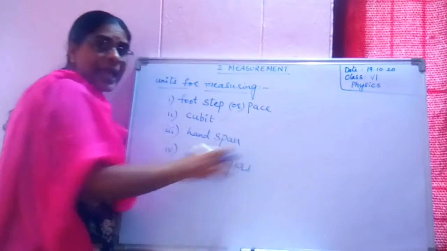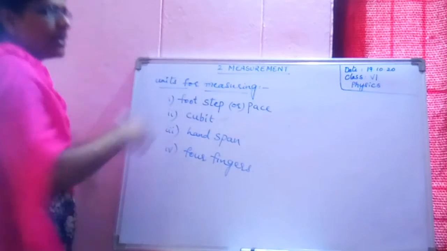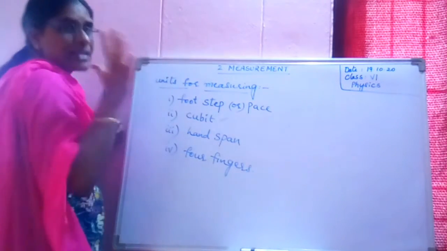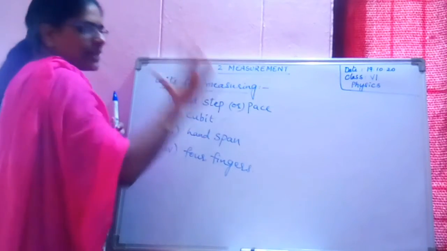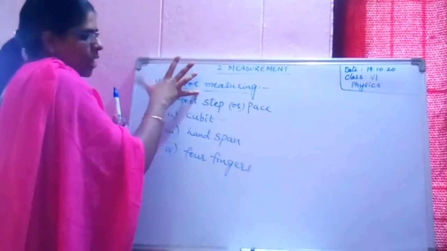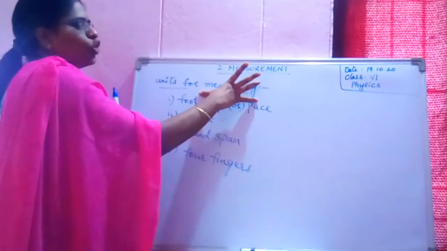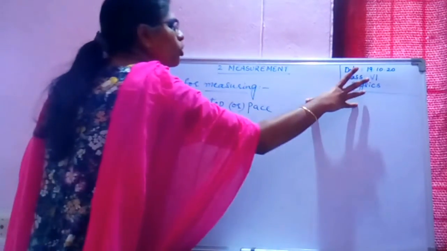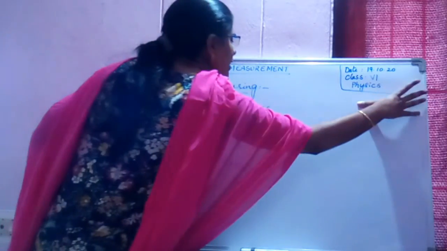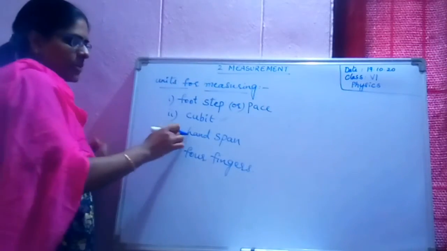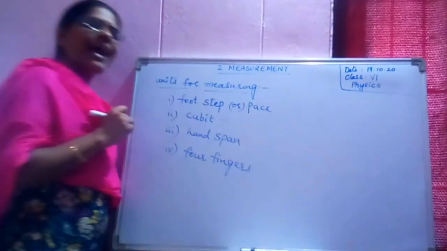Hand span. See here, I want to find the length of the board. This is my hand. From here I am starting. 1, 2, 3, 4, 5. Like this, we measure by using the hand span.